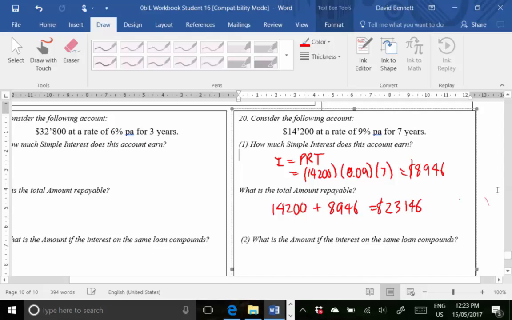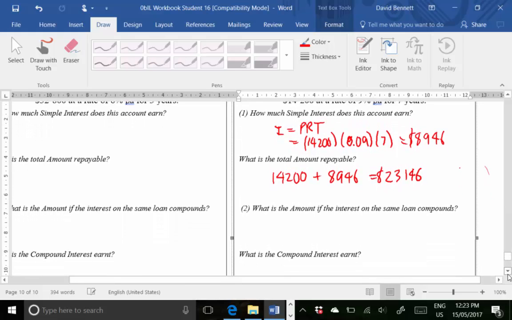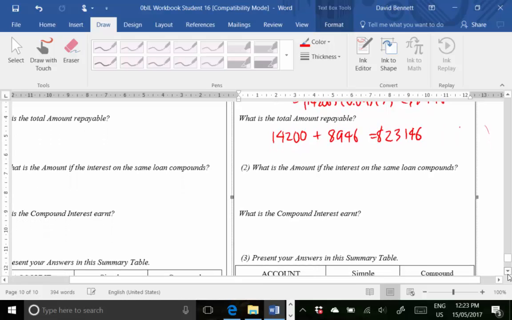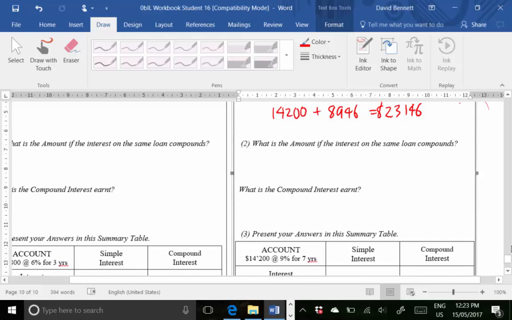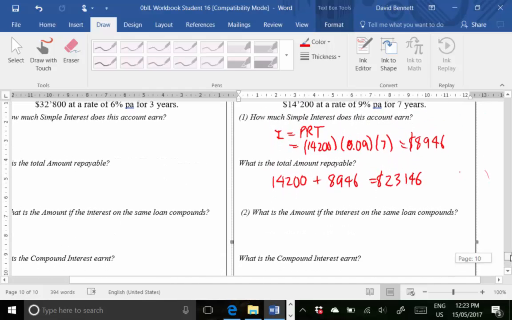So what's the amount of interest on the same loan if the loan compounds? What we're looking for is if we did the same loan but compounded it.